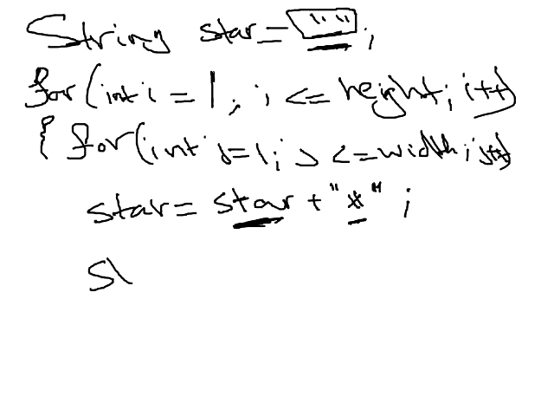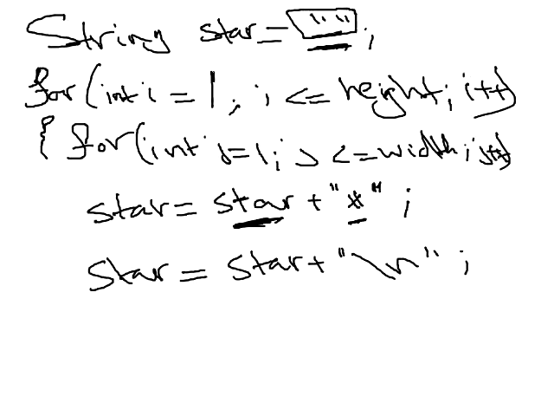Now we just need to jump a new line within the star. We need to draw a square, so we say star equals star plus, what did we say the jump line? Do you remember? Yeah, well done.